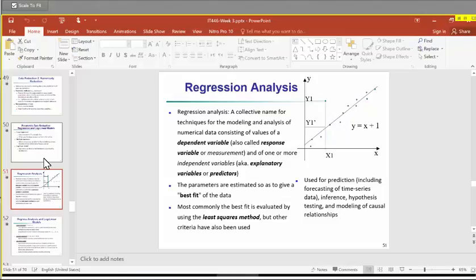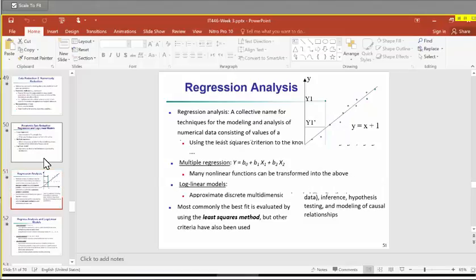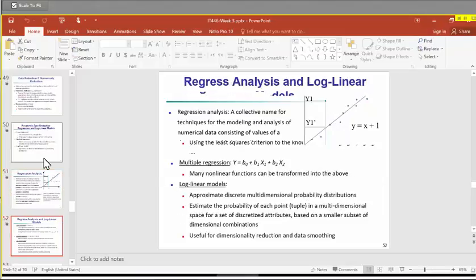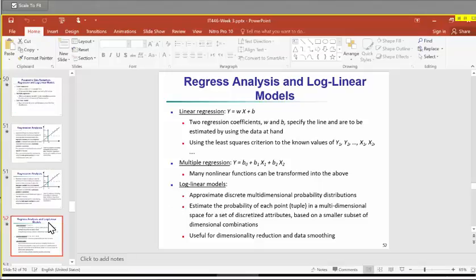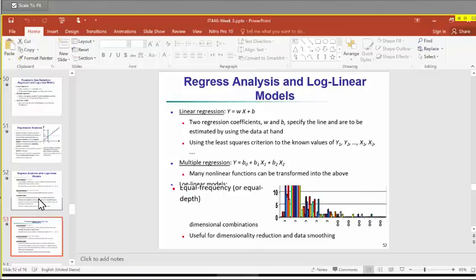The parameters are estimated so that they give a best fit of the data, and most commonly the best fit is evaluated by using least square methods. Other criteria are also there. So this is an expression for linear regression, and then we have multiple regression, and then we have some log linear models.